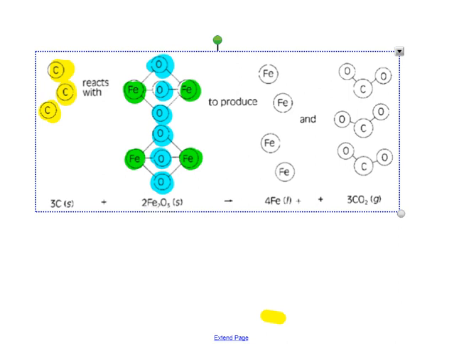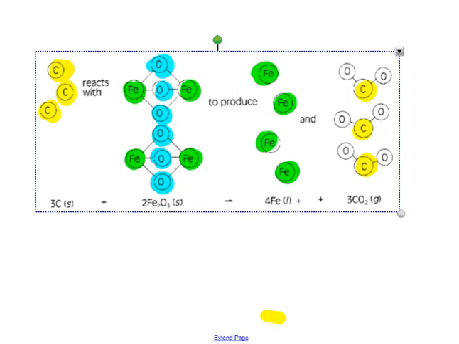So here's my 3 carbons and my 2 groups of iron oxides. What do we notice happens? We notice that the irons get kicked out to be by themselves, and carbon has replaced the bonds with the oxygen. It's a new shape of bond, but that doesn't matter.